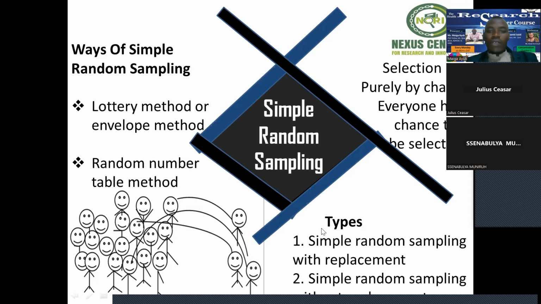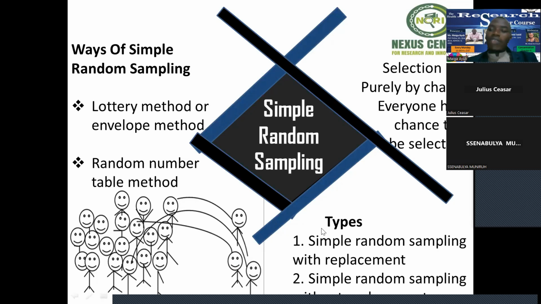Okay, so one of them is what we call simple random sampling. You remember when we used to play long time ago, and you get some small papers, write your names, and put them in a bowl, and you say we only want 5 people to participate, but you are around 10.